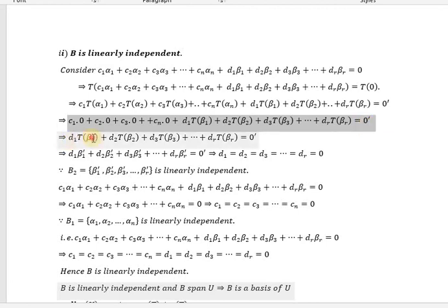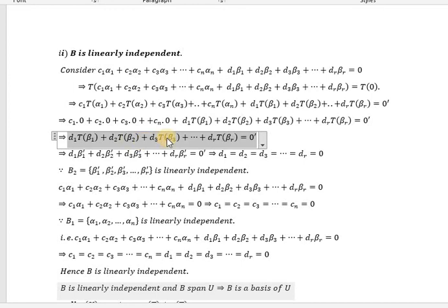Hence this implies that d1 T beta 1 plus d2 T beta 2 plus d3 T beta 3 so on dr T beta r is equal to 0 dash, which implies that d1 is equal to d2 is equal to d3 is equal to so on dr is equal to 0.